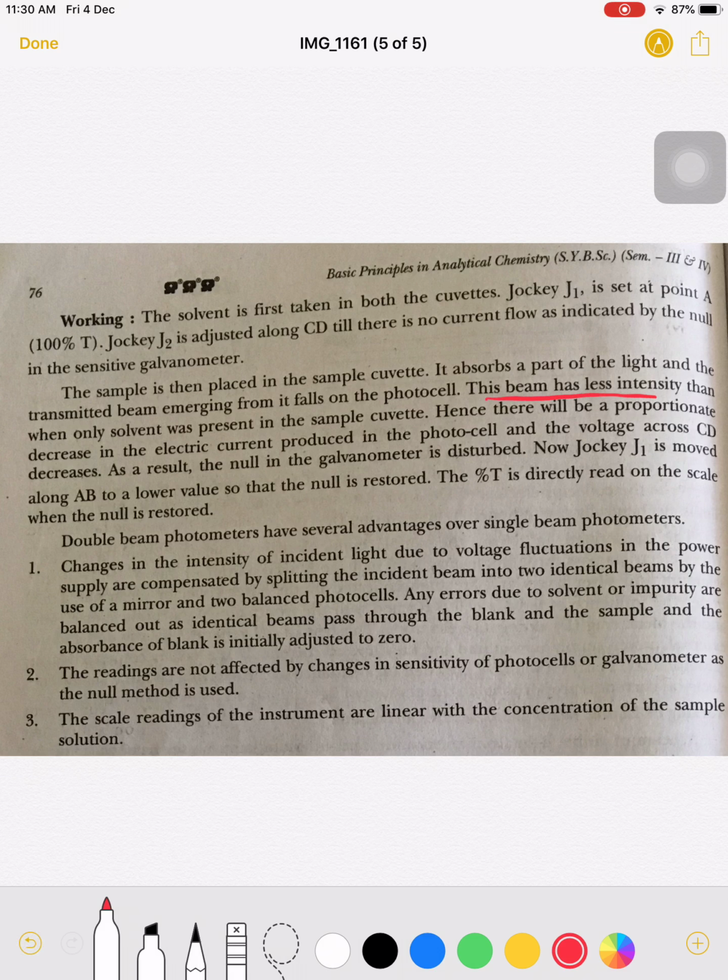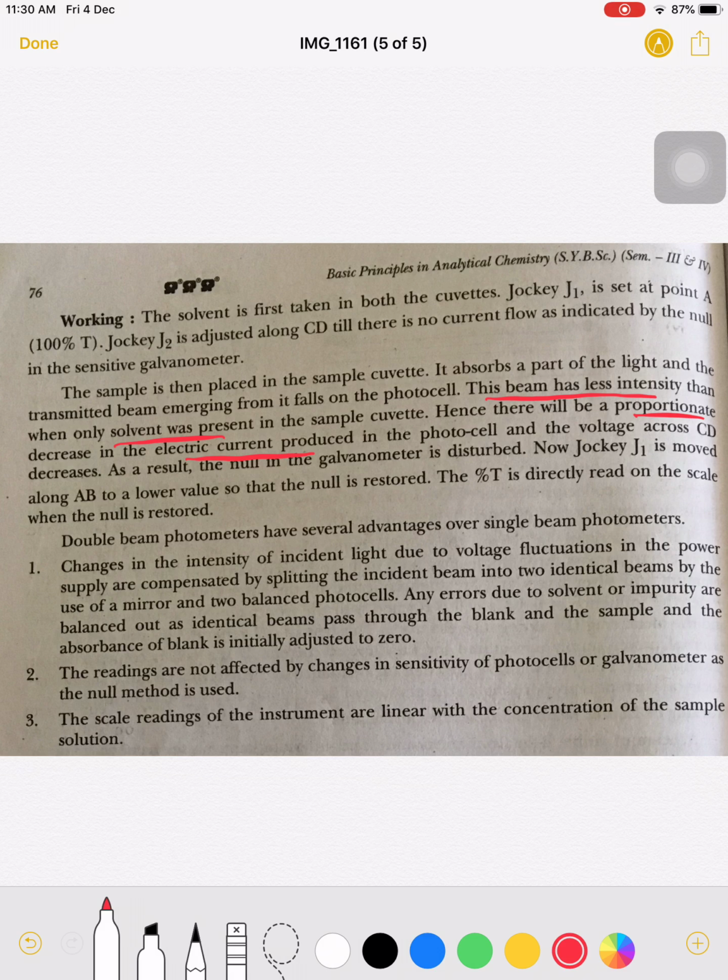This beam coming from the sample has less intensity than the beam coming from the solvent. Hence, there will be a proportionate decrease in the electric current produced in the photocell.